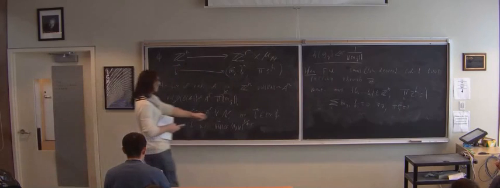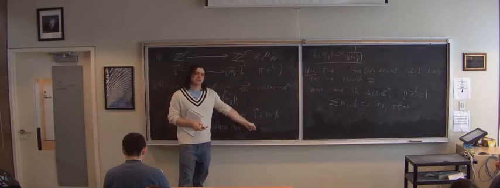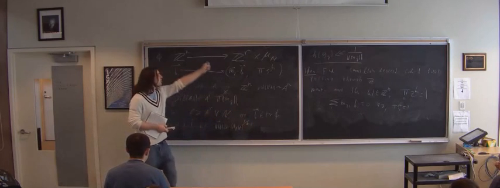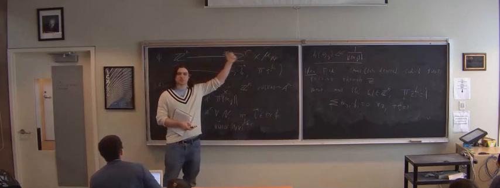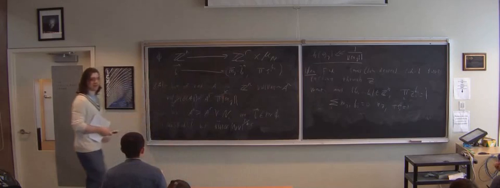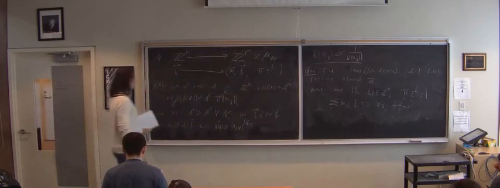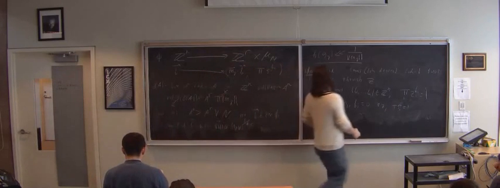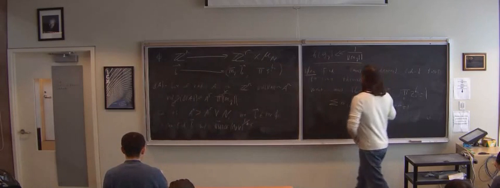So here we see the benefit of having rank which is small. The smaller the rank, the slower the volume grows, so the faster you can find something in the kernel. All right.